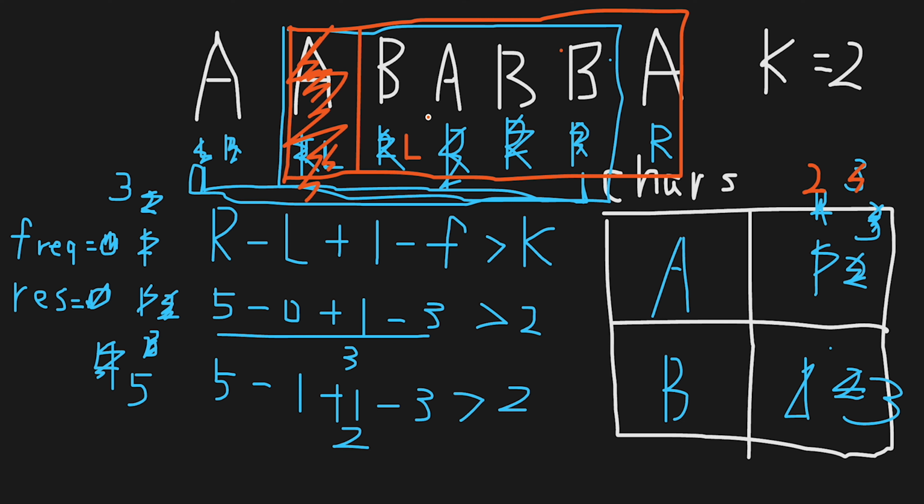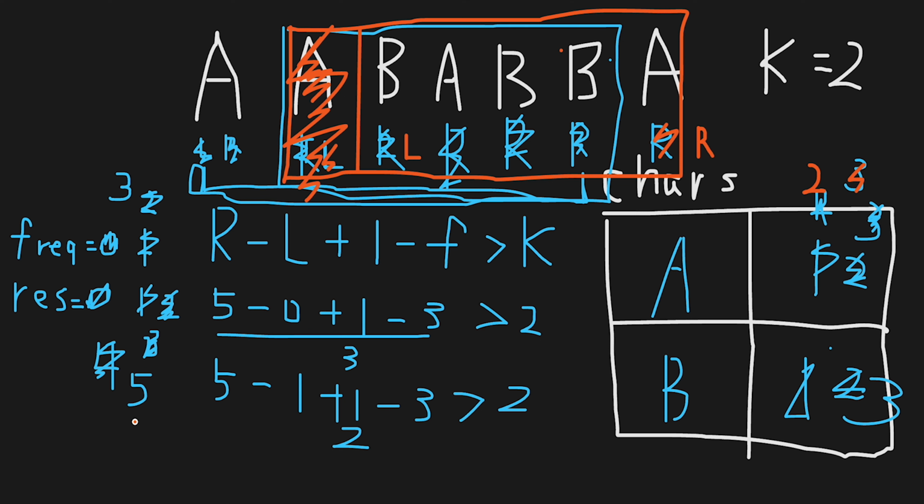So now the current max length should be right minus left plus 1. So 0, 1, 2, 3, 4, 5, 6: 6 minus 2 plus 1 is 5. It's the same, so I don't update the result variable. And then go to next, but there is no character here.